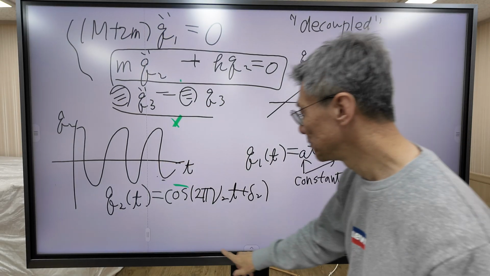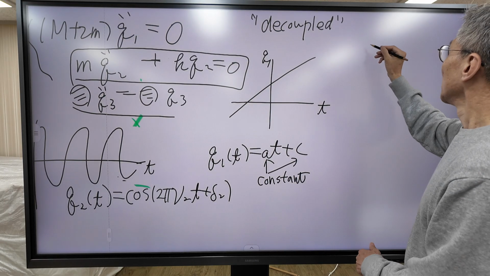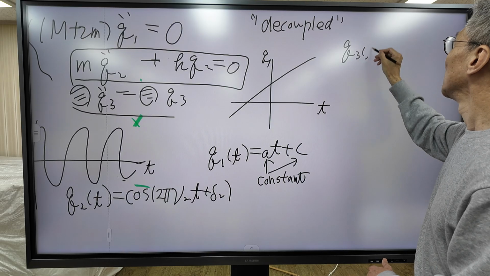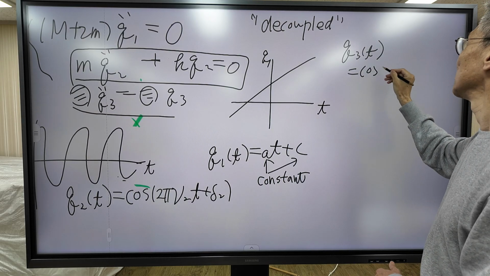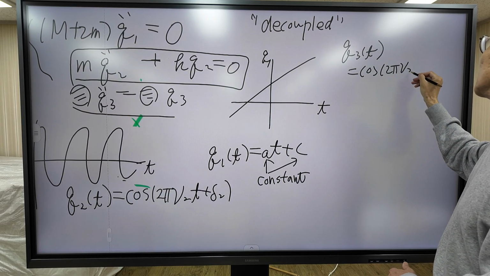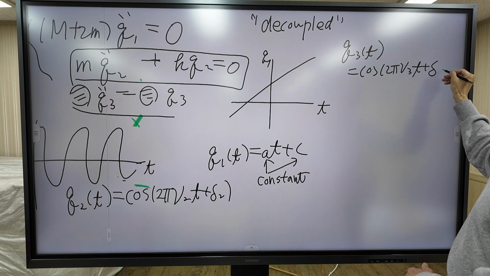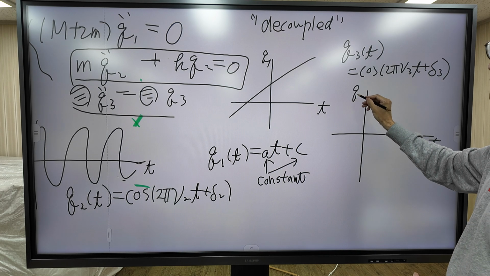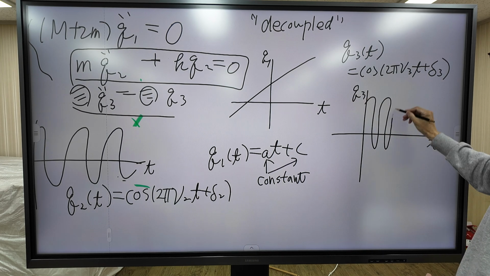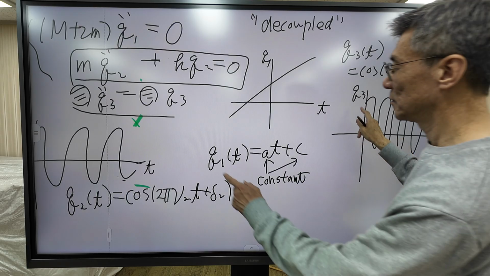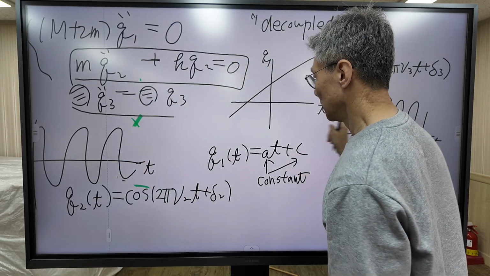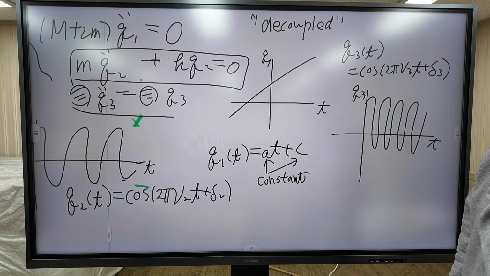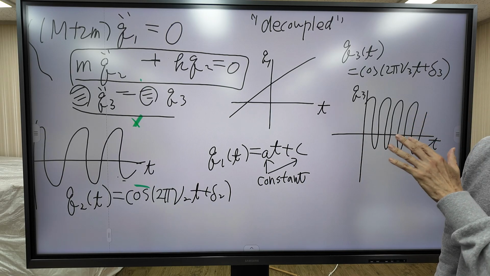So Q3 also oscillates with a different frequency and different phase. When you plot the graph, it looks like this. Same oscillating function, but different frequency. This is our solution.